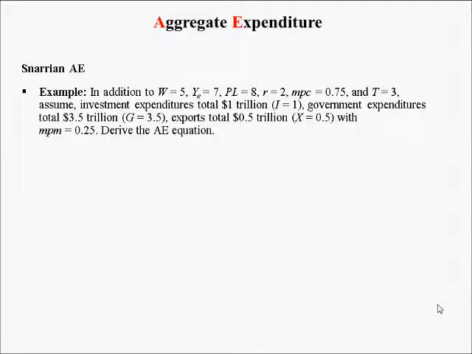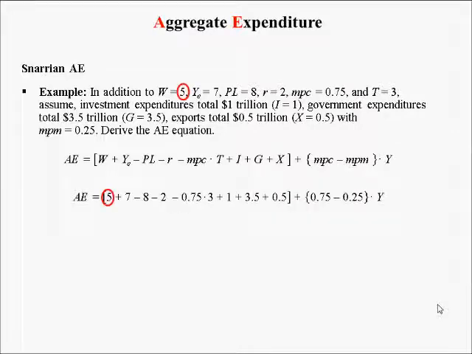Now, using the same exact numbers that we did before, we need to assume numbers for investment expenditures of $1 trillion, government expenditures of $3.5 trillion, and exports of $0.5 trillion. And the marginal propensity to import is 0.25. Remember our little numerical example?